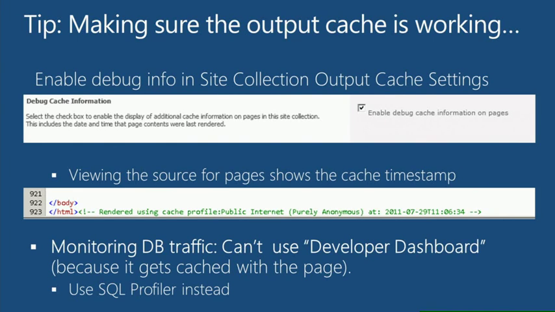So if we want to understand the impact of output cache on SQL traffic, we should be using SQL Server profiling tools rather than any of the things inside SharePoint, because those things inside SharePoint will just be cached like the rest of the pages.